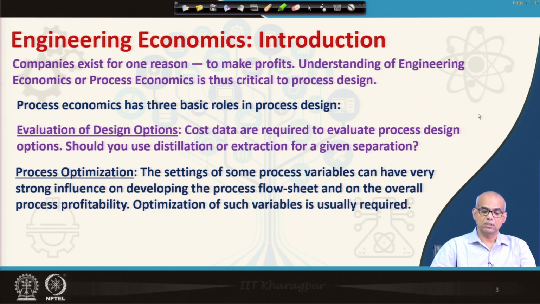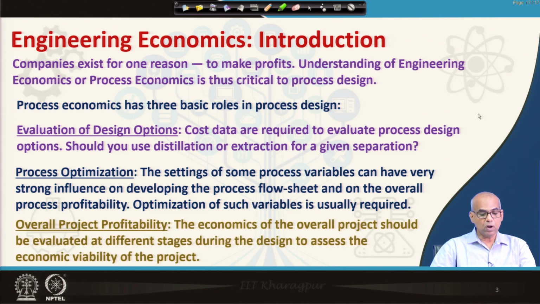Process optimization. The setting of some process variables can have very strong influence on developing the process flow sheet and also on the overall process profitability. Optimization of such variables is usually required. Overall project profitability. The economics of the overall project should be evaluated at different stages during the design to assess the economic viability of the project.